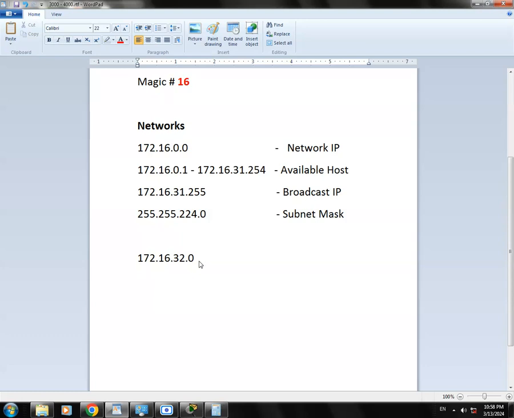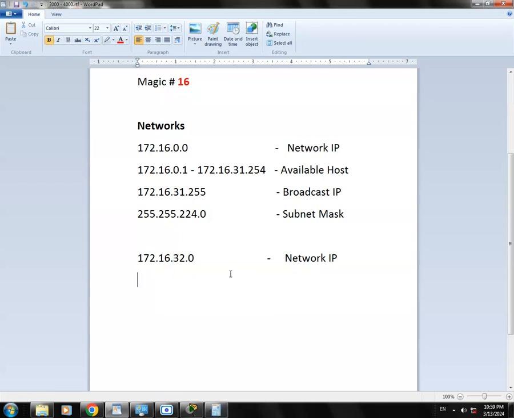So this will be the network IP. We're working on the 3,000 hosts, remember. And since the magic number is 16, this 32 should go up by 16.